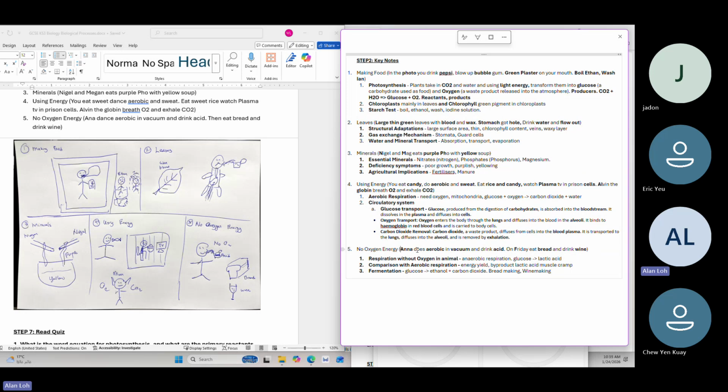Okay, Anna does aerobic in vacuum and drinks acid, right? Sounds ridiculous, right? Drink acid. And on Friday, you eat bread and drink wine. So this is a drawing, a very ugly drawing again. This person is called Anna, and she is performing an aerobic in a vacuum.